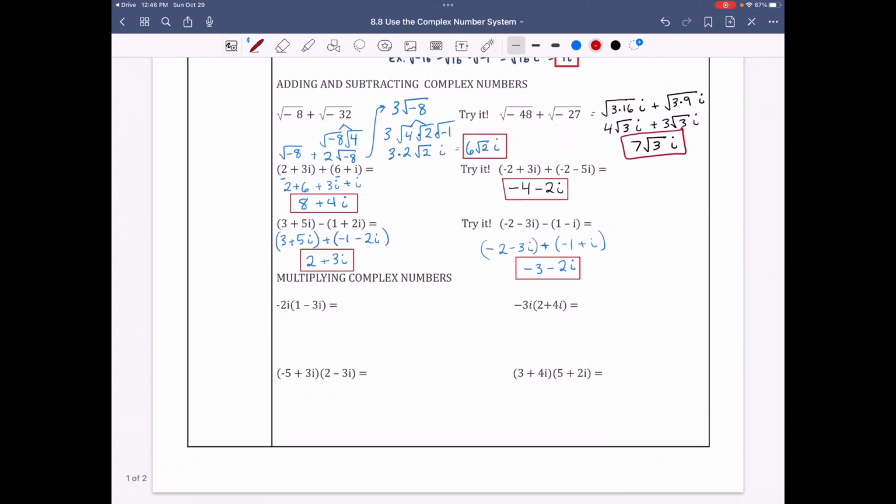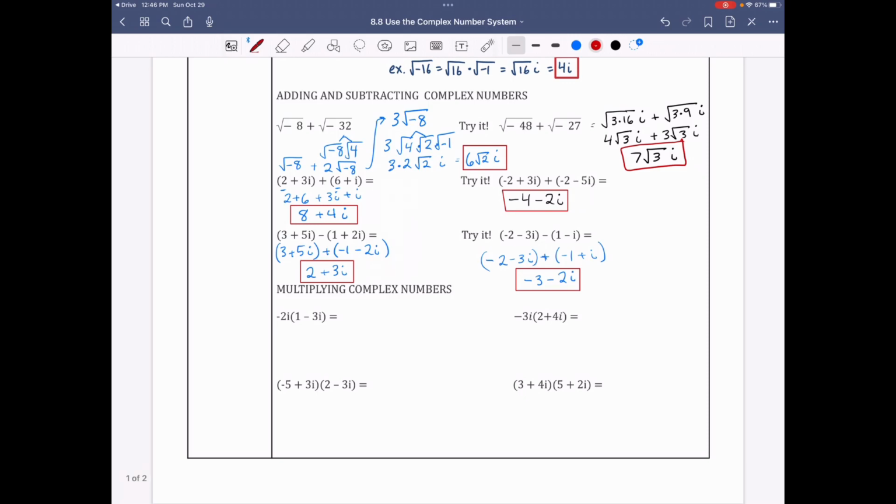When we're multiplying complex numbers, something happens with the i. So we're going to distribute here. We have -2i, and we have plus 6i squared.